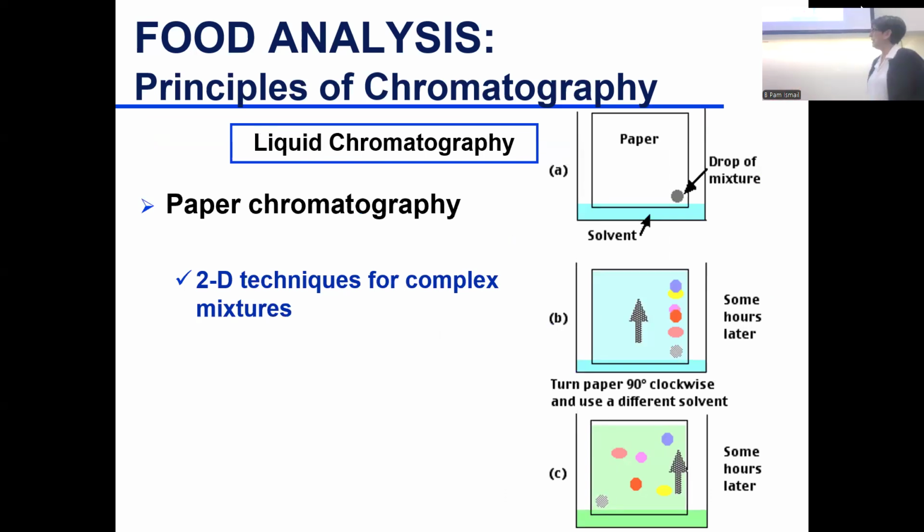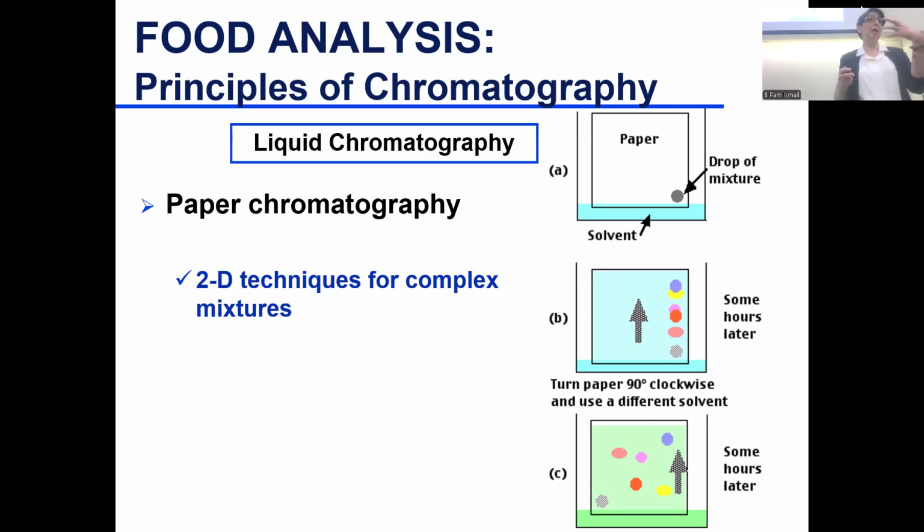You can do 2D as well. I'll explain to you what that means. If you spot your sample and then put in your first solvent, and they go up and don't separate very well, so you cannot distinguish them, you can take this piece of paper, flip it 90 degrees, and put it in a different solvent.